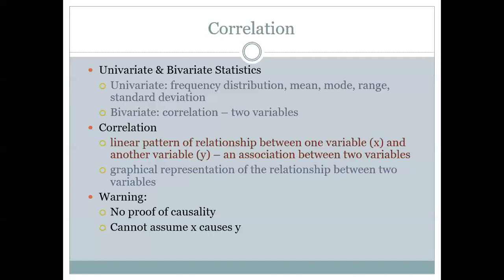That means we cannot assume that variable X causes or predicts variable Y, or that variable Y causes variable X. That means we cannot assume the relationship has a causality effect.